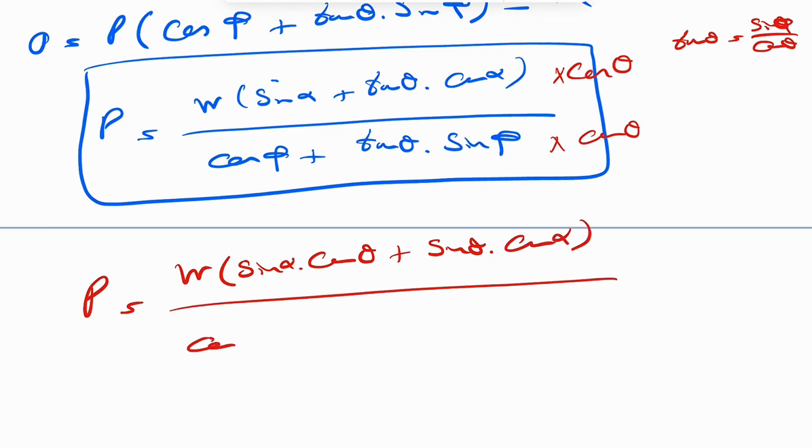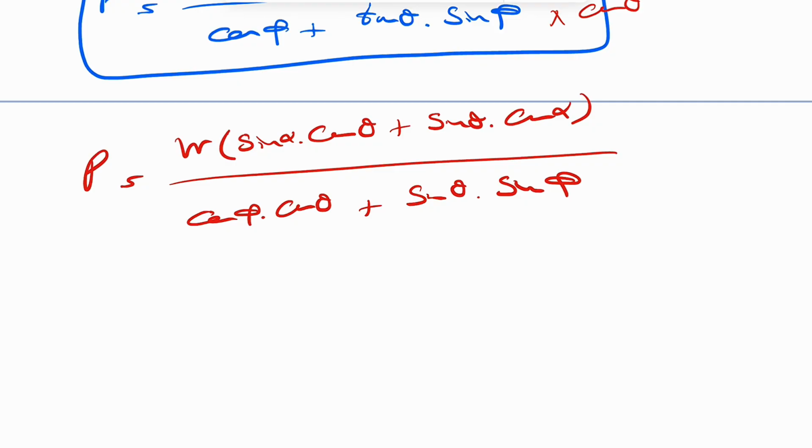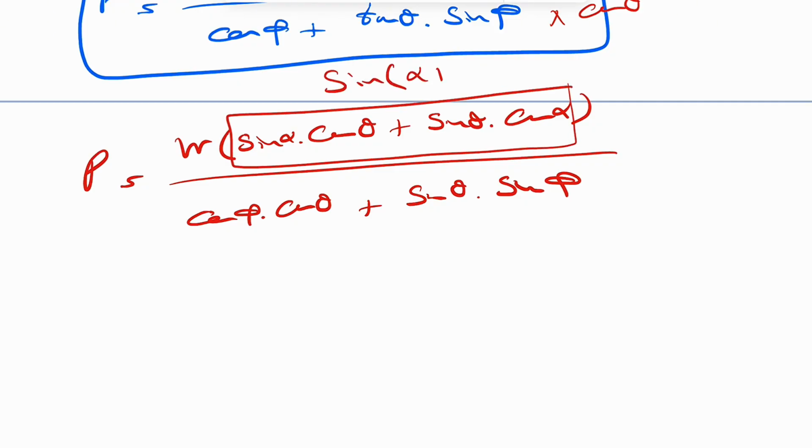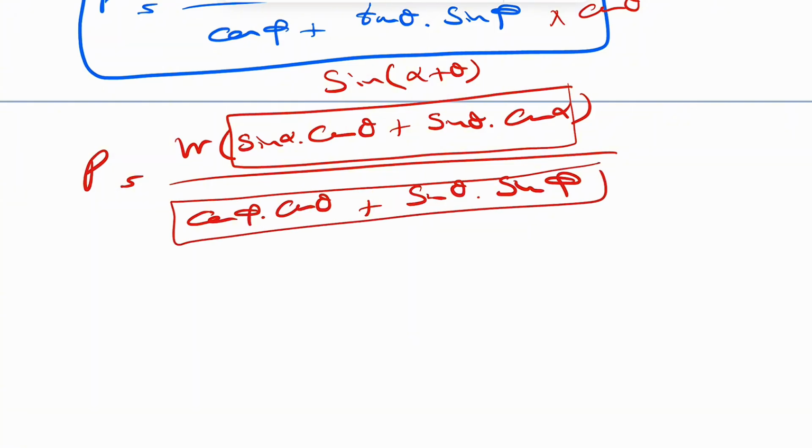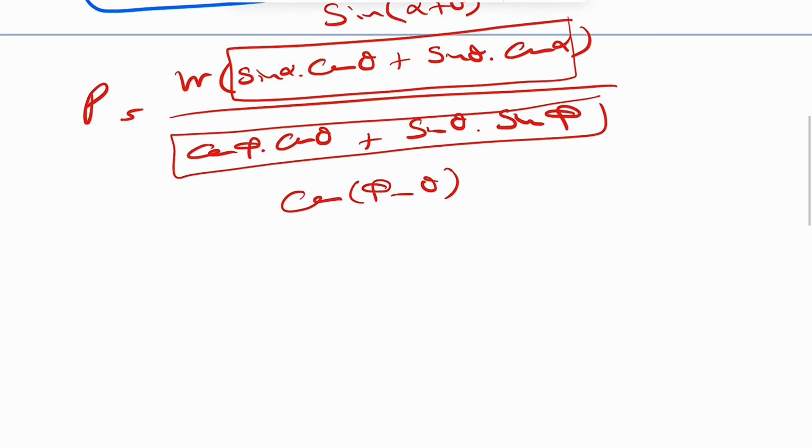Here we're going to have cosine of phi cosine of theta, plus sine of theta sine of phi. Now it's getting closer to what we're looking for. The first term is sine of alpha plus theta, and the bottom is cosine of phi minus theta. And there we go, this is what we were looking for.